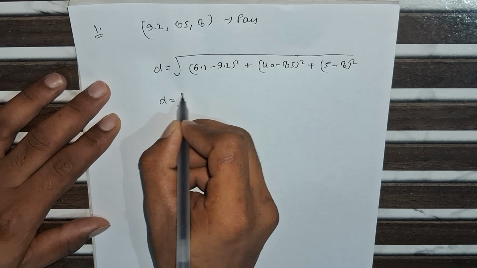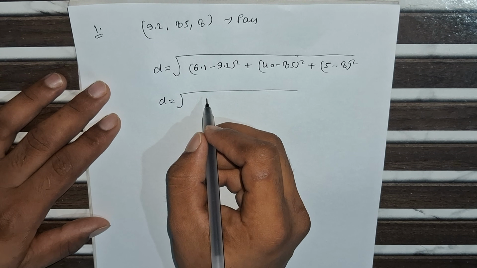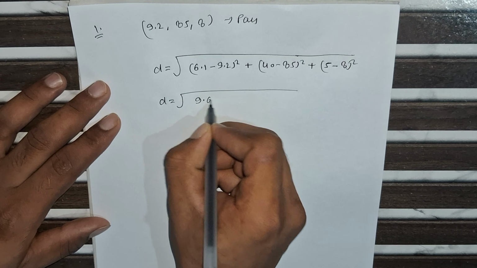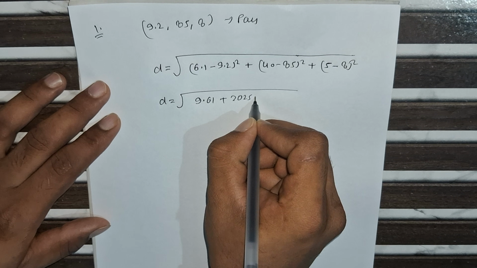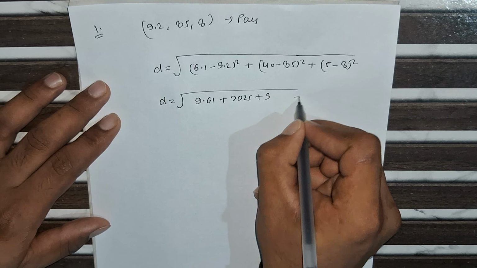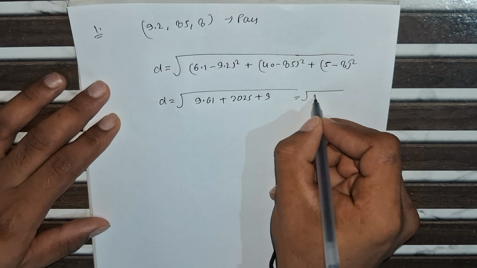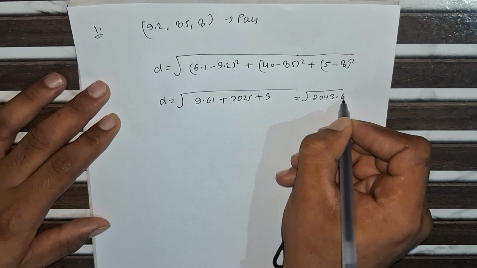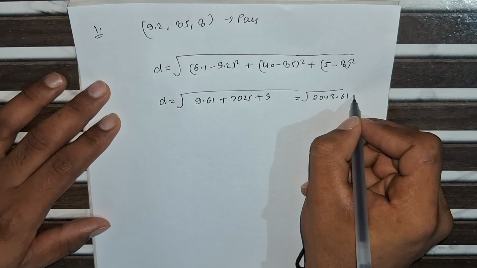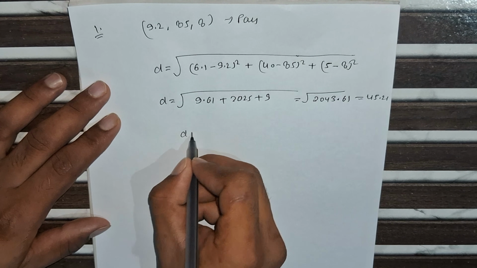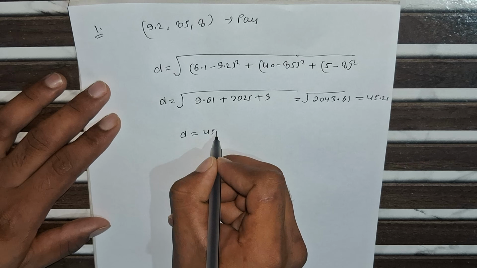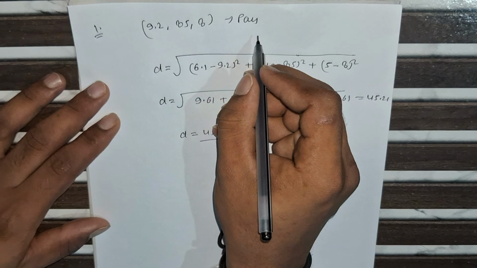So d equals to under root, when you solve it, it becomes 9.61 plus 2025 plus 9. When you solve it, it becomes under root 2043.61, which is nearly equal to 45.21. This is d equals to 45.21 for our first case, which is pass.